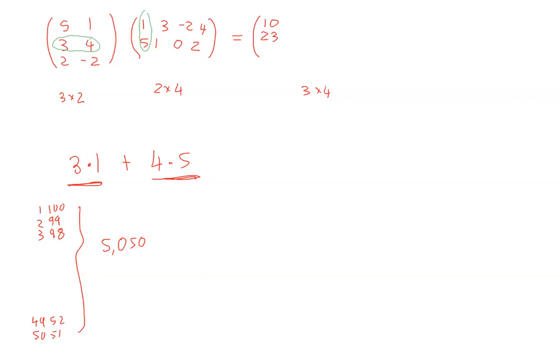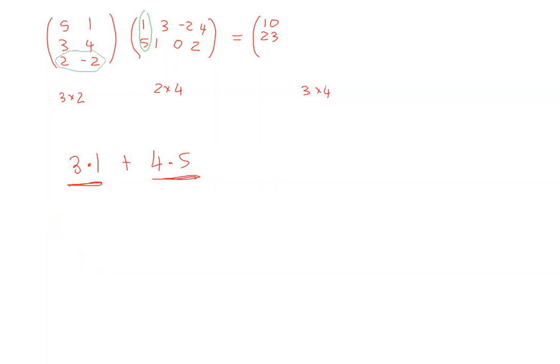Anyhow, why don't we do the rest of the entries? I hope that you did some more. Let's do the 3-1 entry, that means third row, first column. So I have to multiply the third row, and let me show you the column that I'm multiplying, which is this one now.